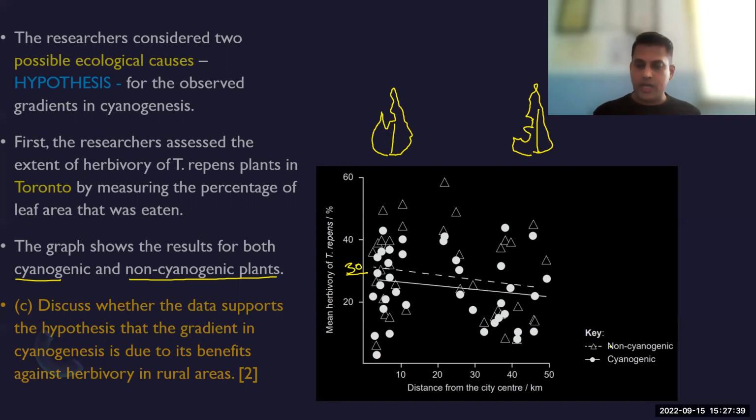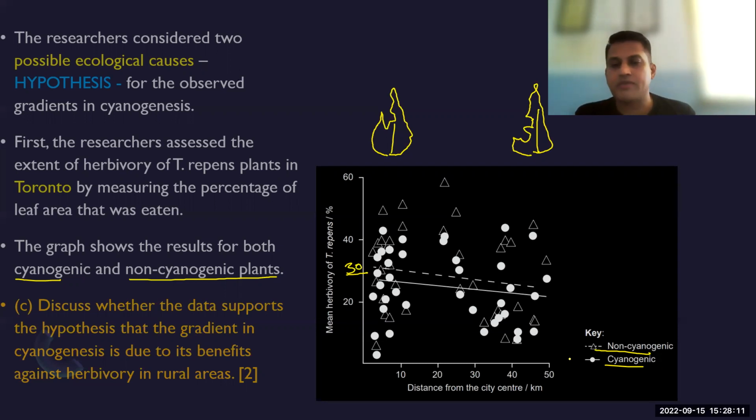Okay, when we look at these two data sets, the non-cyanogenic and cyanogenic, and if you look at the data which is scattered, they are largely overlapping. Almost everything is overlapping, and there's a little difference. That means herbivores eat non-cyanogenic plants the same as the pattern for cyanogenic plants.